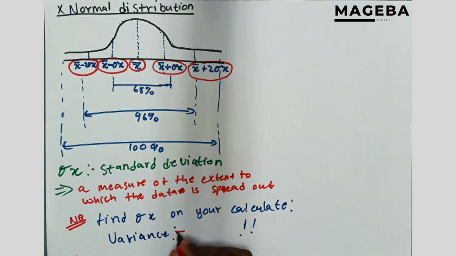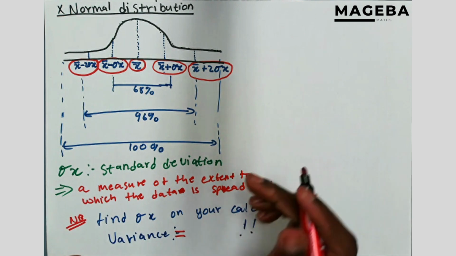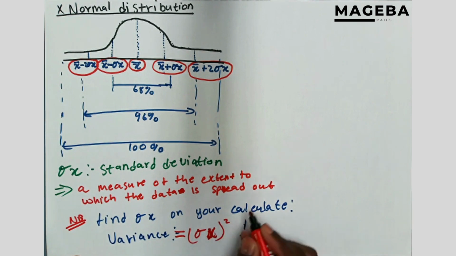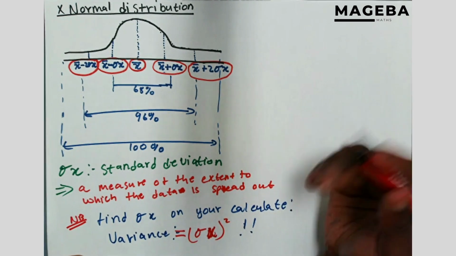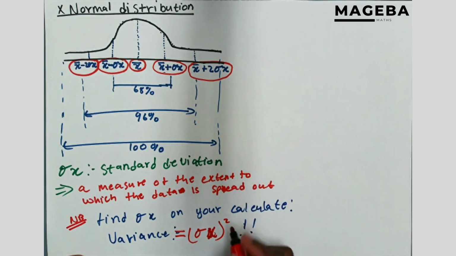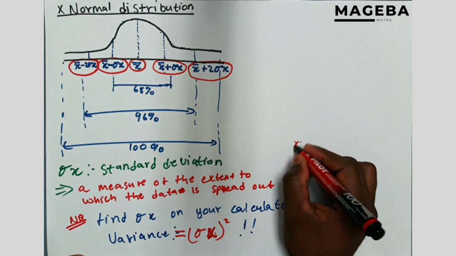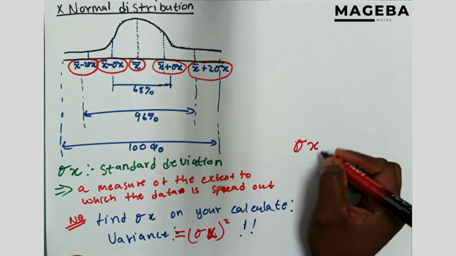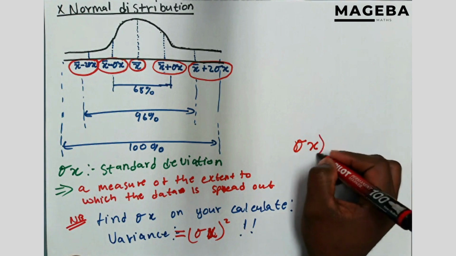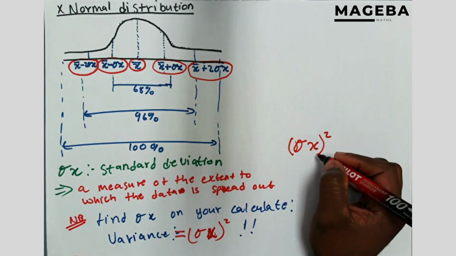How do you find a variance? A variance is the square of your standard deviation, meaning if you have your standard deviation and they say find the variance, you just square the standard deviation.